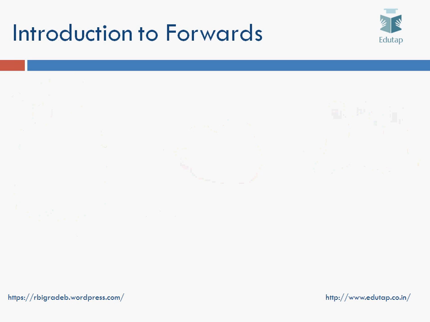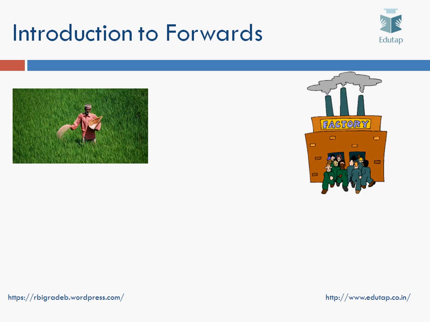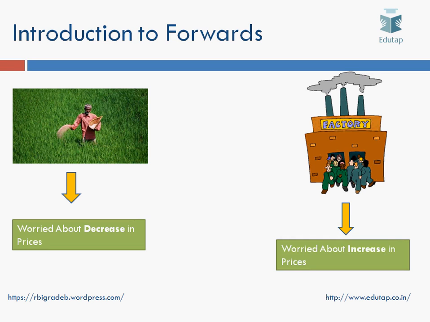So the situation is that there is a farmer and there is a factory. The farmer is worried about a decrease in the prices of onions in the future. The factory is worried about an increase in the prices of onions in the future.